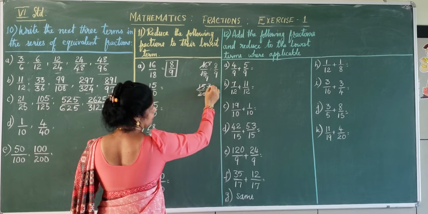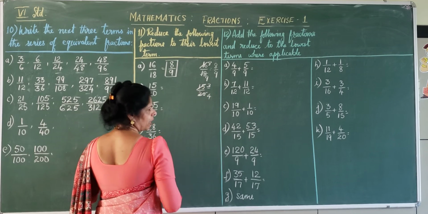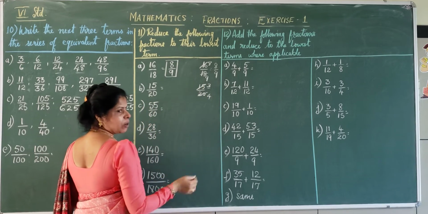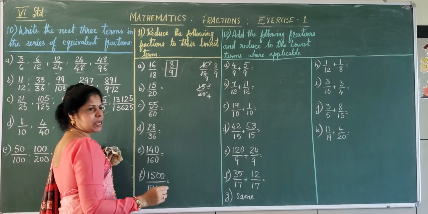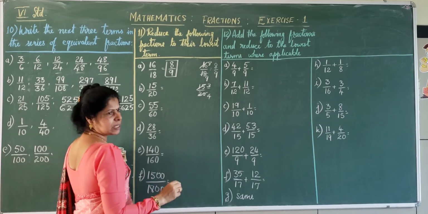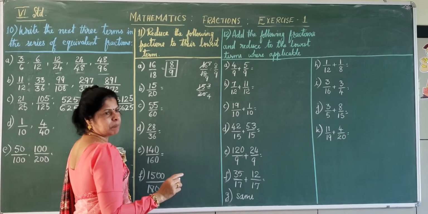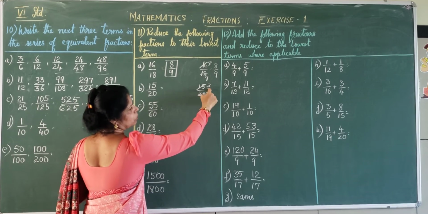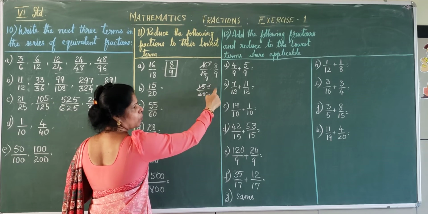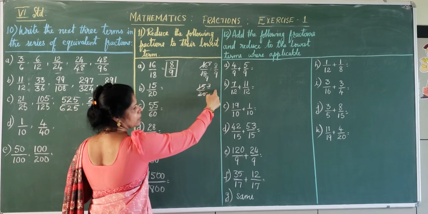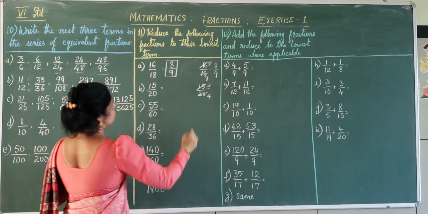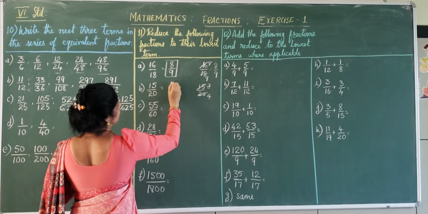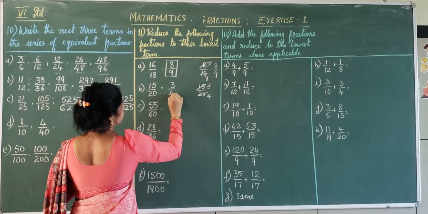Here a prime number has already come. When a prime number comes, further you cannot divide it at all. Prime number means, I told you in the previous class, it is nothing but a number which can be divided by itself or by 1. That's all. So there is no table to divide these other than 3 and 1. 3 1s are 3, 1 3s are 3. That's all. So the simplest form of that is 3 by 4.